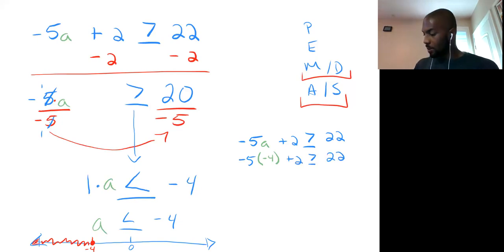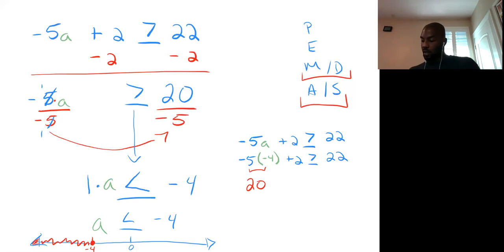All right, let's clean it up. Now I just do regular order of operations. Any parentheses? No. Oh, actually there is. This negative 5 times negative 4, which is multiplication. Negative 5 times negative 4 is positive 20. A negative times a negative. Let me drop the plus 2, the greater than or equal to sign, 22.